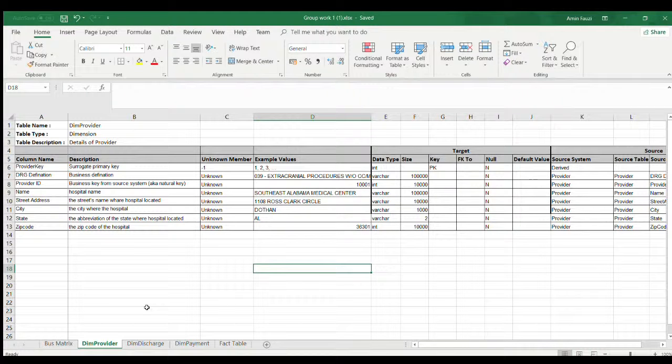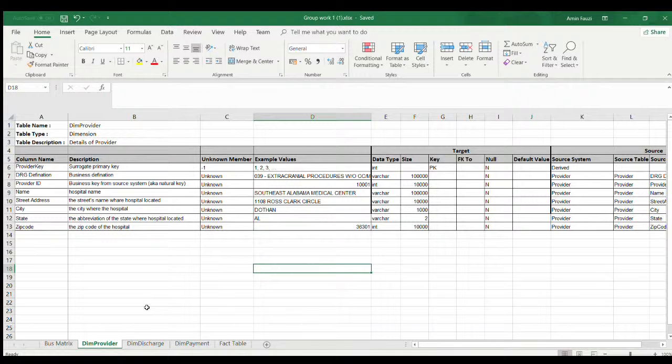Assalamualaikum warahmatullahi wabarakatuh. I'm Muhammad Zul Iman Harith. We'll be talking about the dimensional modeling worksheets. So this is the dimension provider table. This table tells about the details of the provider. The provider means the service provider, which is the hospital. This table has 8 columns, and the first column is the provider key, the primary key for this table.